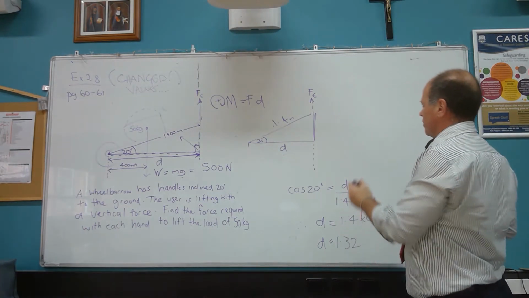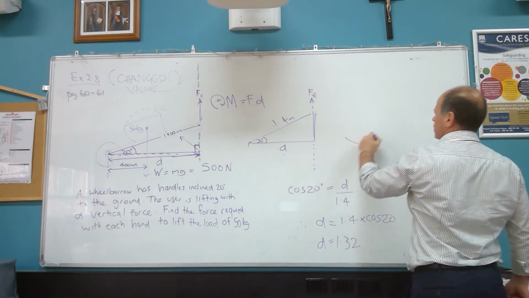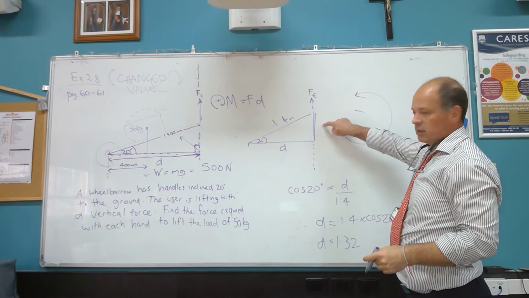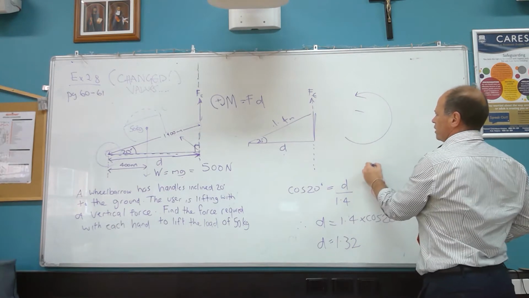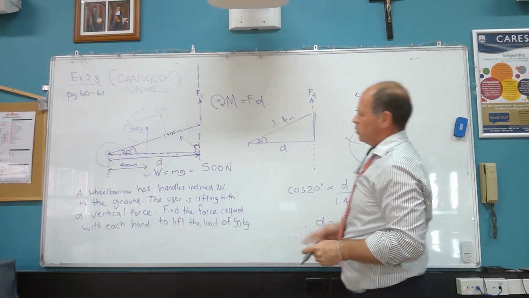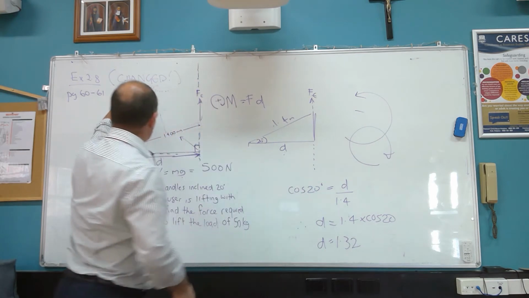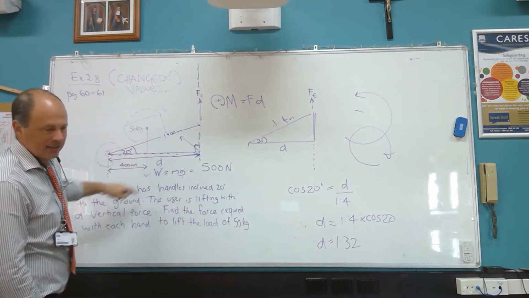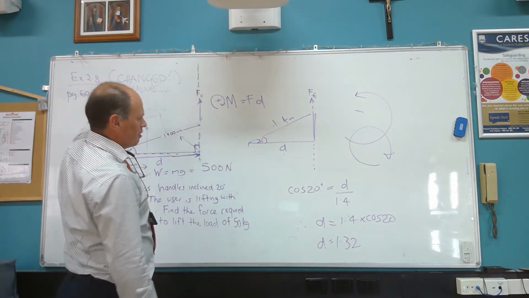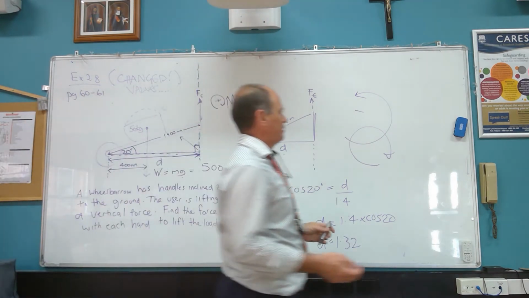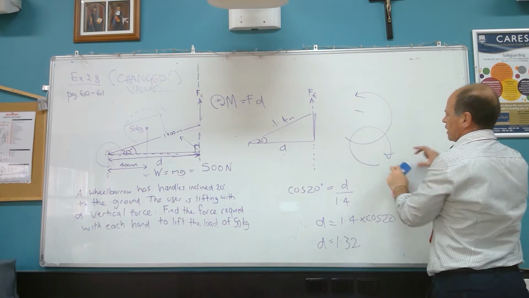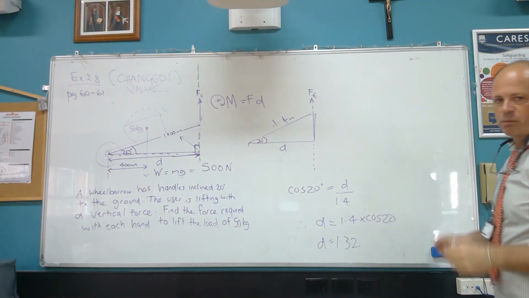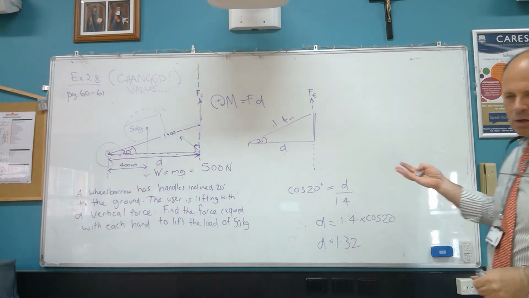So this anti-clockwise moment we're talking about here has to be opposed by the clockwise one being caused by the weight. So the weight's pulling us down, making us go this way, and our lifting force is making us go that way, and they cancel each other out. Okay, so this is something you're going to have to use all of the time when you're dealing with an equilibrium situation. So this is quite a complex problem.